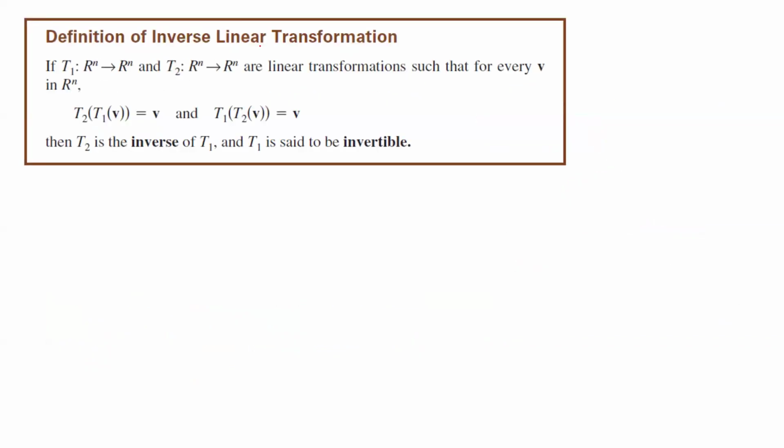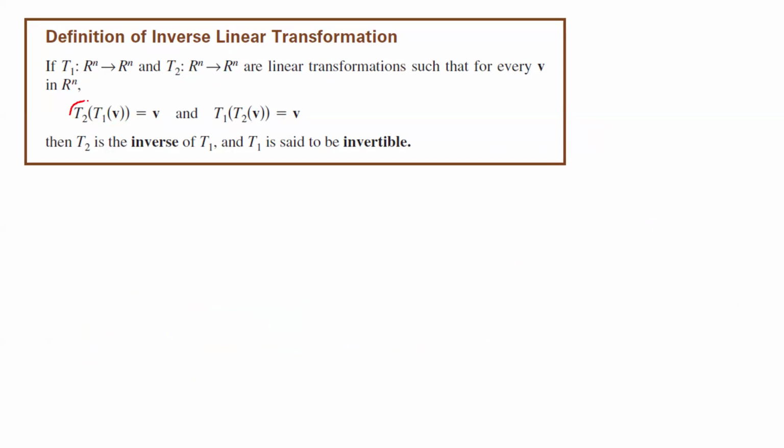Definition of inverse linear transformation. If T1 maps n space to n space, and T2 is another linear transformation that maps n space to another n space, such that for every vector in n space, T2 of T1 of v, so you're composing T2 and T1, you can also compose T1 and T2.